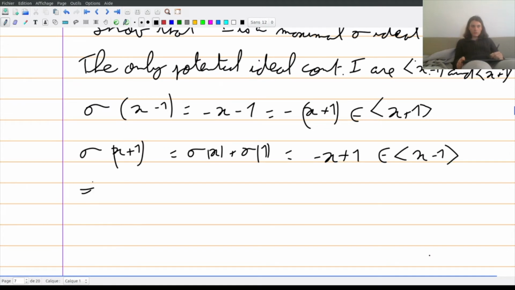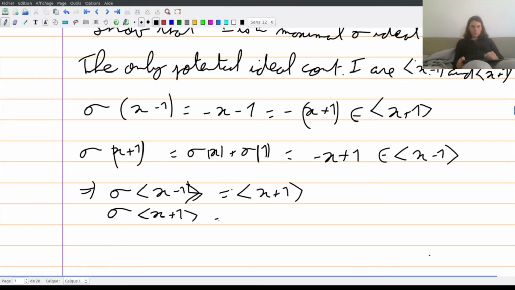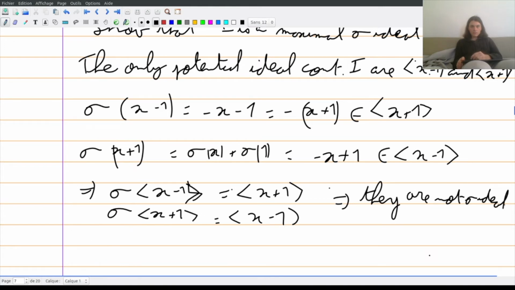So it means that if you apply sigma to the first ideal, you arrive in the second. And if you apply it to the second, you enter into the first one. So they are not sigma ideals. So it implies that I is the maximal sigma ideal.